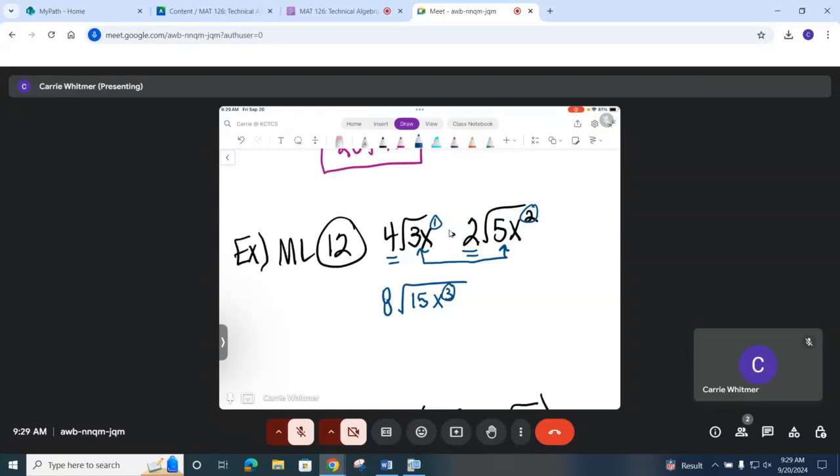But that x to the third will reduce, because if I divide my exponent of 3 by 2, I would have one pair of x's with a remainder of 1. So this is going to be 8x radical 15x when I reduce it.